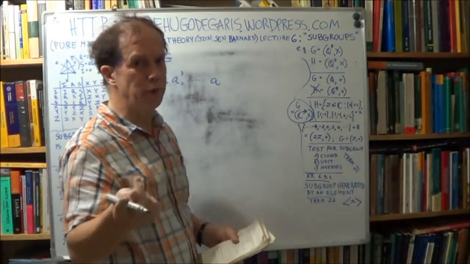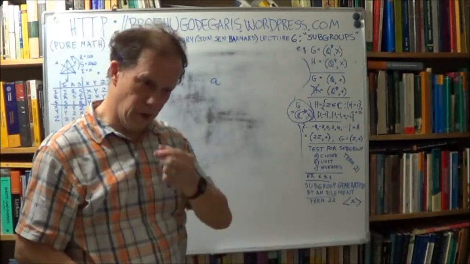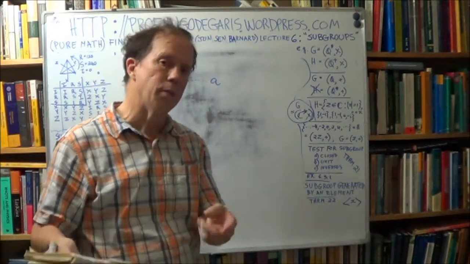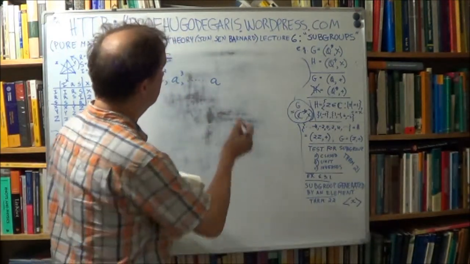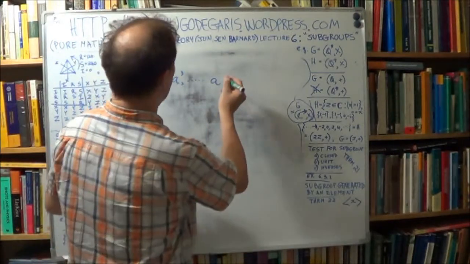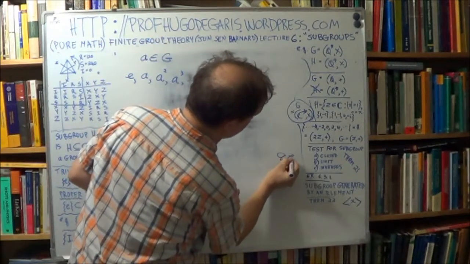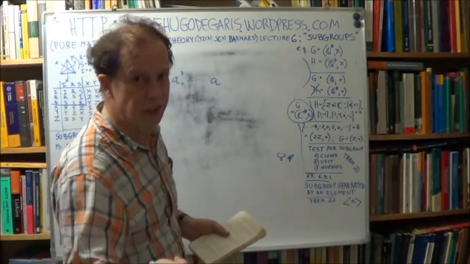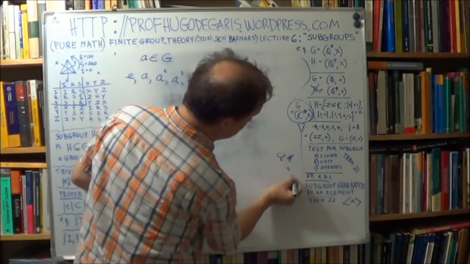And can you remember from the previous lecture the concept of the order, not of a group, that's just the number of elements in a group, but the order of an element? Can you remember that from previous lecture? So the order of an element is some minimum positive integer k such that a to the k is just the unit.